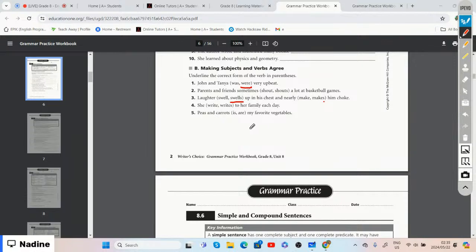She write. Do we say she write or she writes to her family each day? She is alone, right? Our verb needs to agree with the subject.